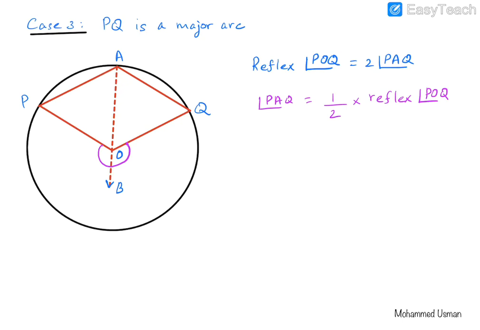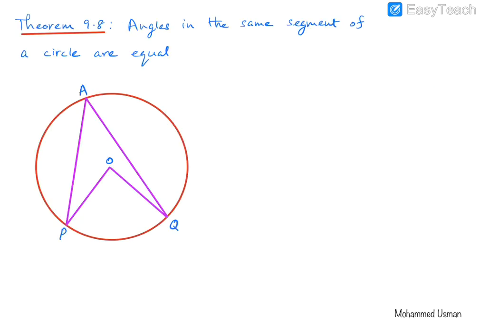The next theorem that we will see in this video is related to the angle subtended by the same segment. For example, we have an arc PQ here, that's the minor arc here, PQ. It subtends a certain angle POQ at the center, which is this angle over here, and it subtends a certain angle on the remaining part of the circle, which is this angle here, which is PAQ.